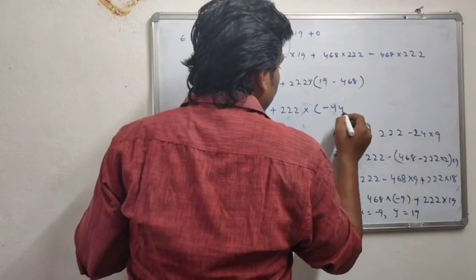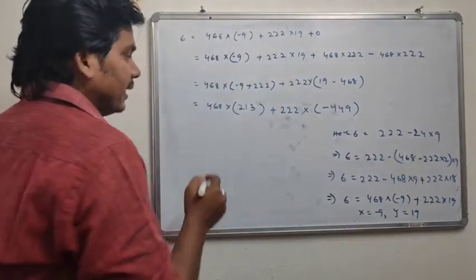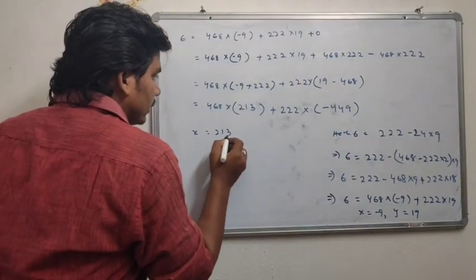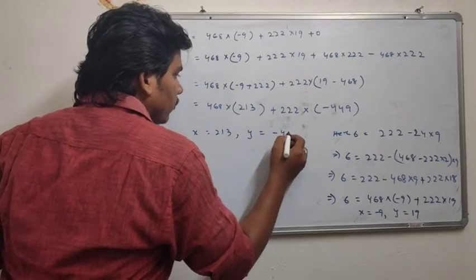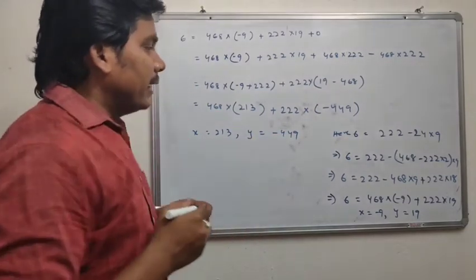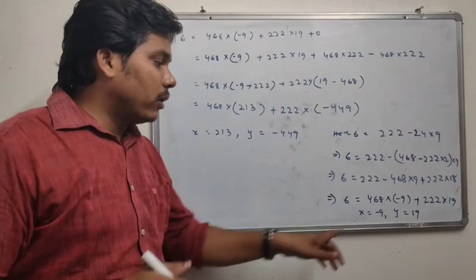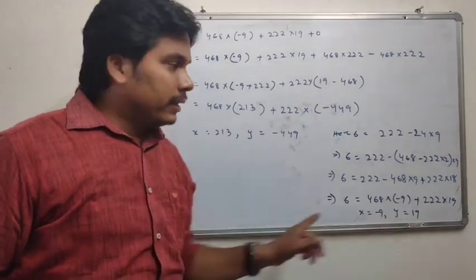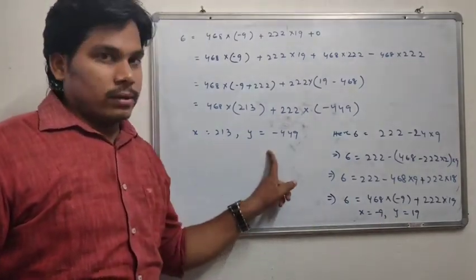Minus 449. Hence, here x is 213, y is minus 449. In one method, we got the values of x and y. In the other method, we also got the values of x and y.